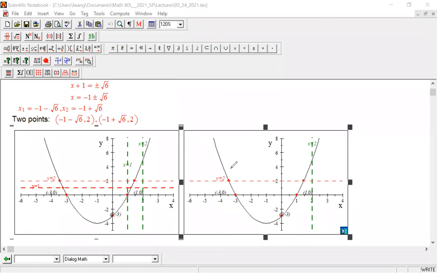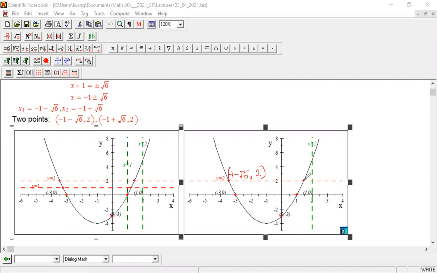I'm going to have to make this temporary because the software doesn't give us a very good picture doing that. So this point will be -1 minus √6, comma 2.